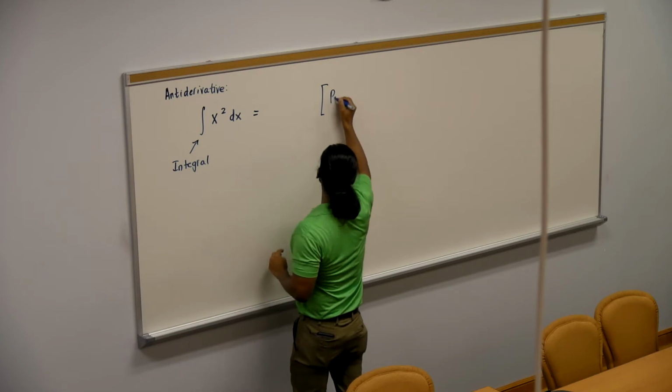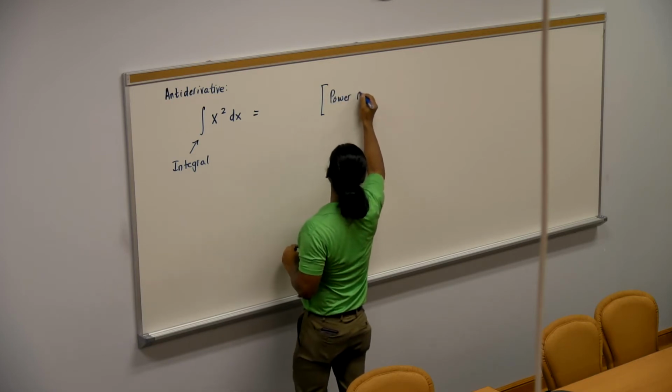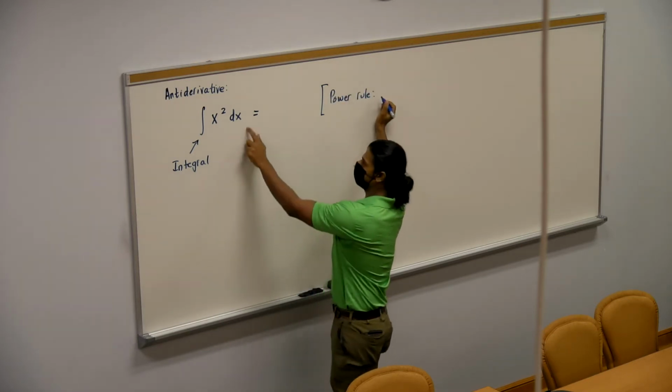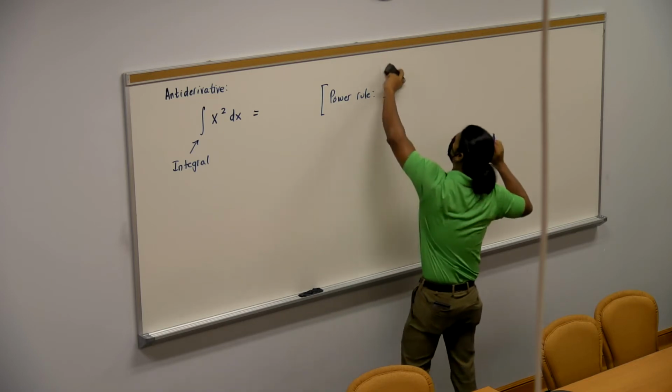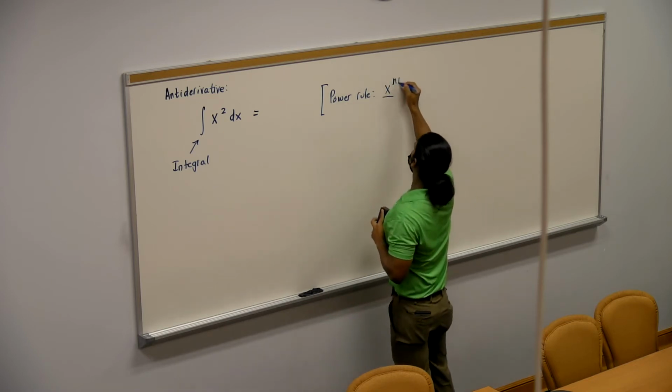There is a simple rule called the power rule. The integral of x squared dx is x cubed over, oops, sorry. Let me find it first.